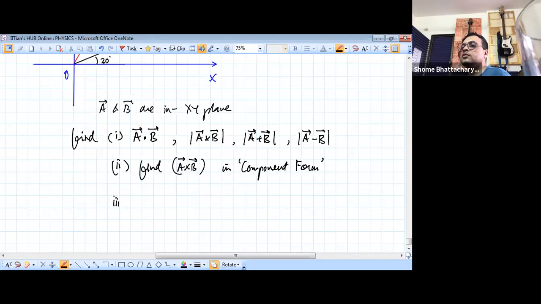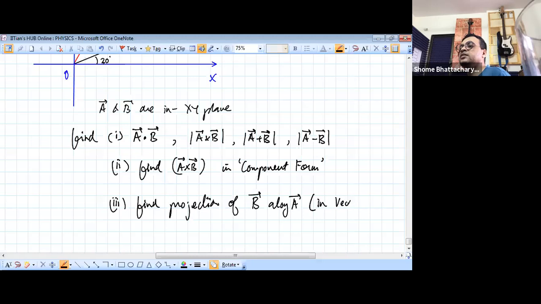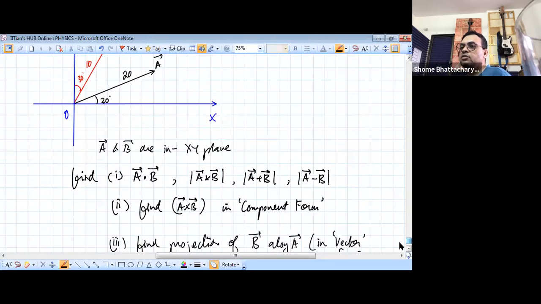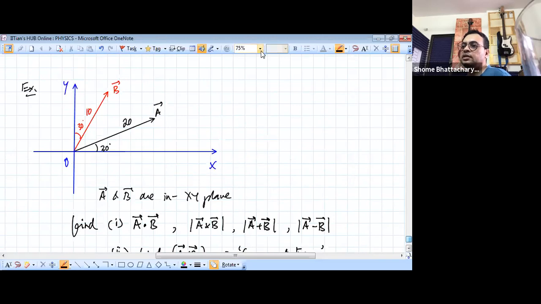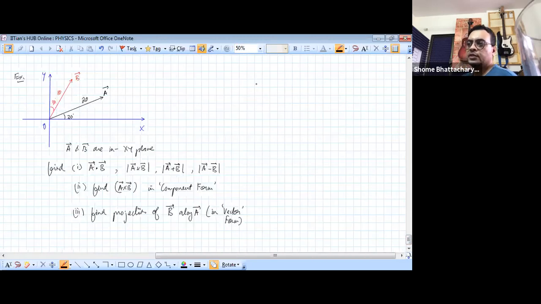And third, find the projection of B along A in vector form. Okay. So through this question, let us understand all the various aspects of vector algebra related to geometry. That is, when two vectors are given in geometrical form, how to solve each of these things. Let us pay attention to this. Okay.